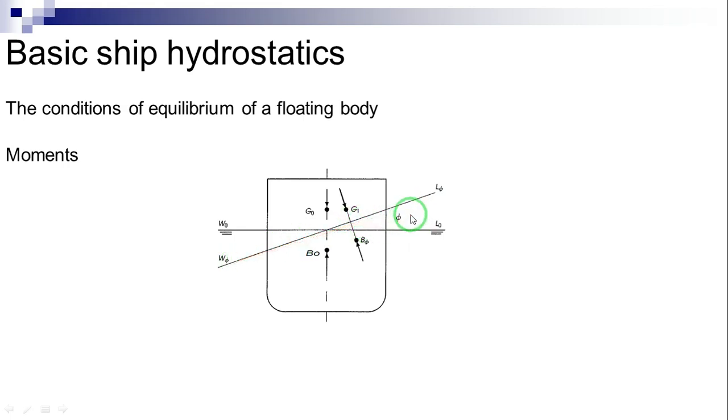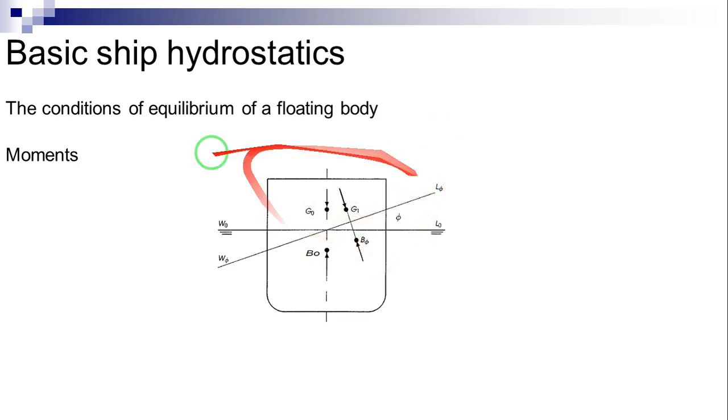Thus, in this figure, the waterline corresponding to the initial position is W0, L0. The weight force acts through the initial center of gravity G0. It is vertical, that is perpendicular to the waterline W0, L0. The buoyancy force, also equal to the weight force, acts through the initial center of buoyancy B0. It is vertical, that is perpendicular to the initial waterline.